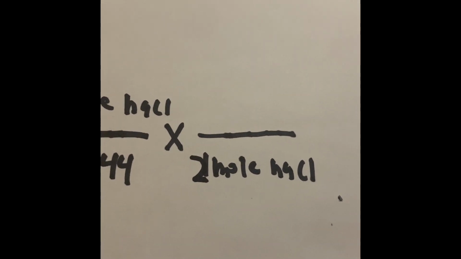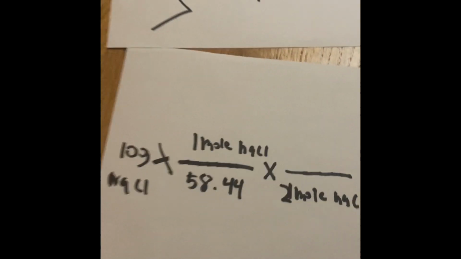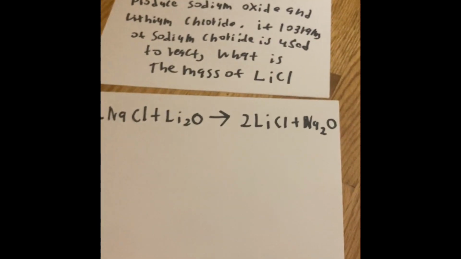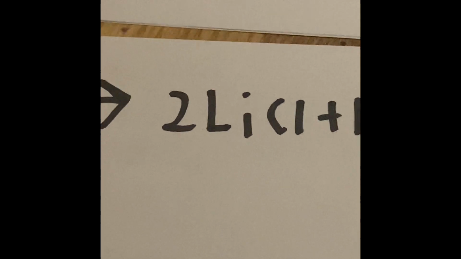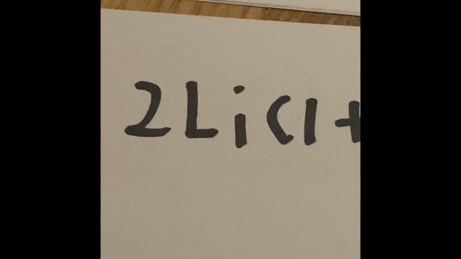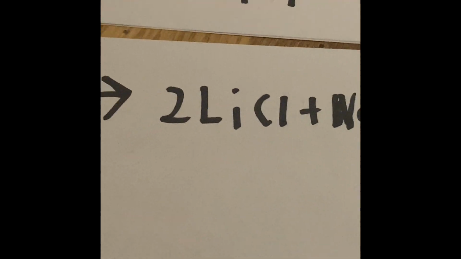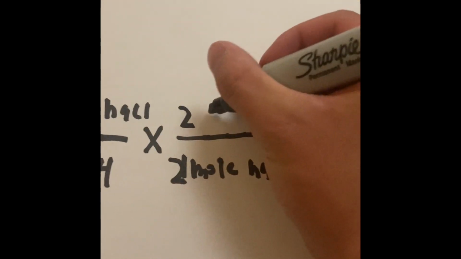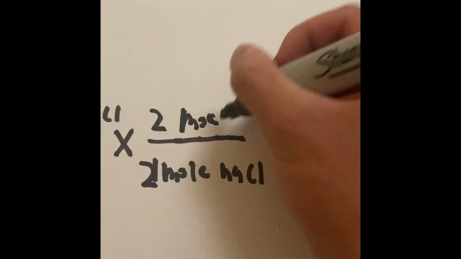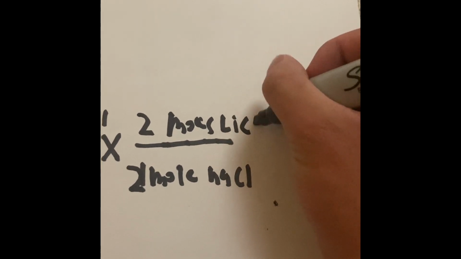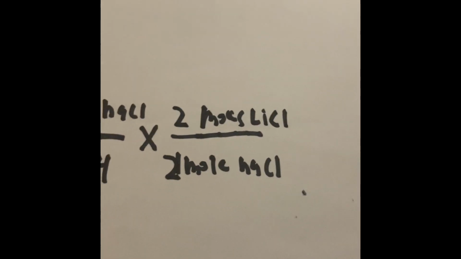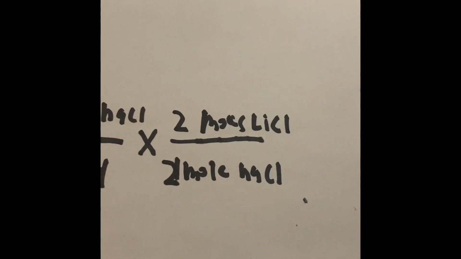Then we have to compare it with lithium chloride. Over here, we're trying to find the mass of lithium chloride. We have a 2 as a coefficient in front of it, so we're going to say 2 moles of LiCl, lithium chloride. But there seems to be another problem.